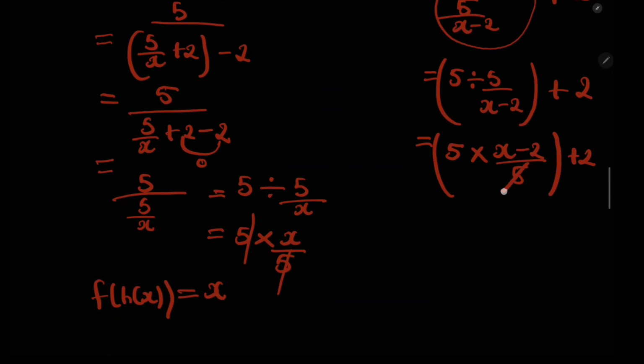Normally the 5's will cancel and we will be left with x minus 2 plus 2.